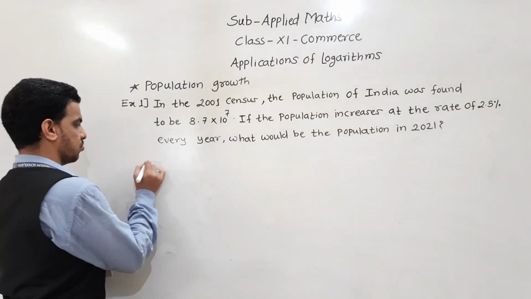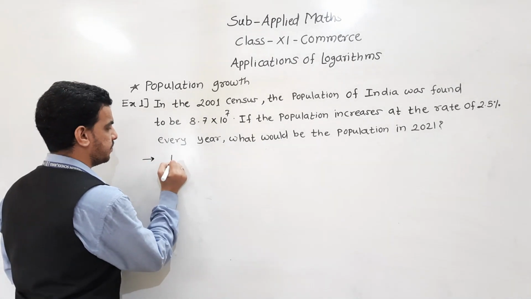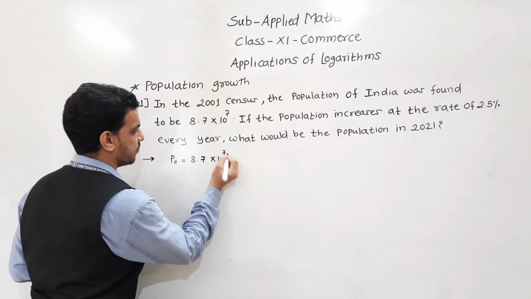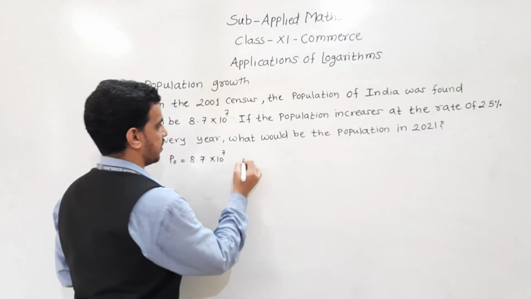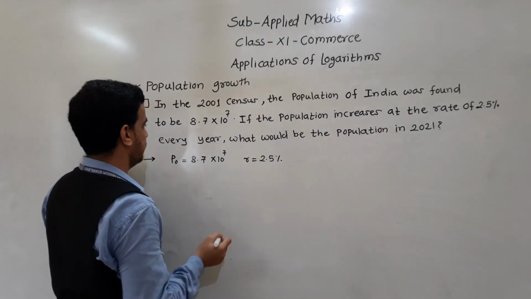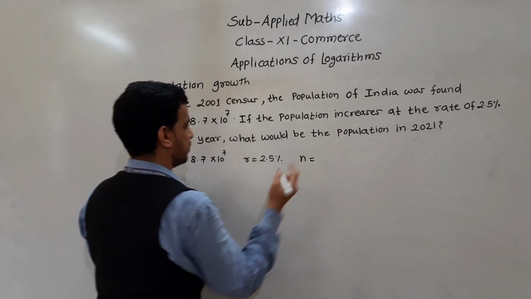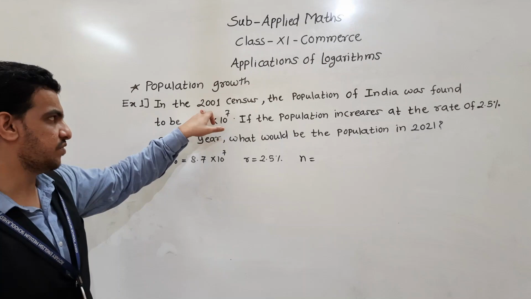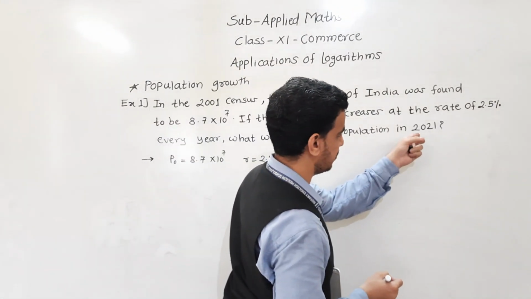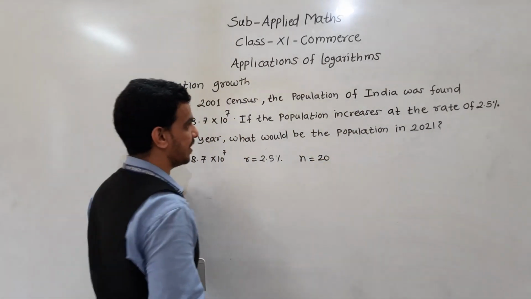Okay, so here P0 is 8.7 into 10 raised to 7, R is equal to 2.5 percent, then we have to find N. In the 2001 census it is given, and after 20 years we have to find, that is 2021, so N is equal to 20.